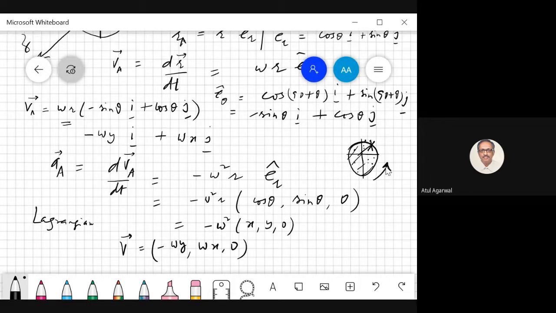Any problem? By this description, by this formula. So you can say this is your spatial description. At any point in space, you just give xy coordinates and you come to know if the particle was at this position, this is the velocity.